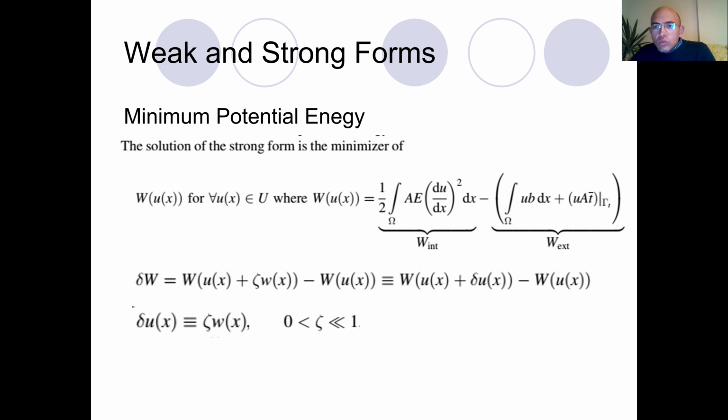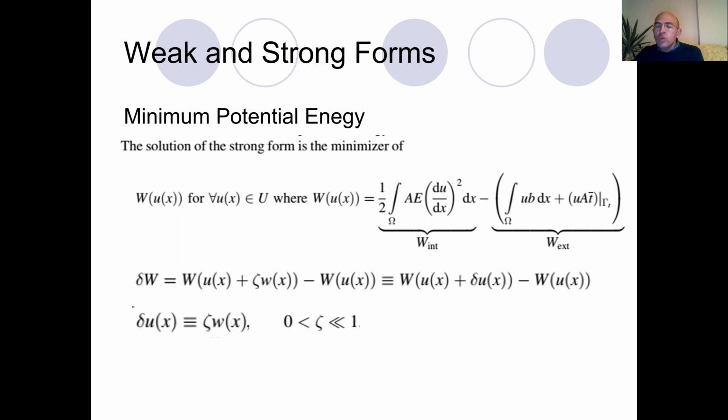So you basically want to minimize the potential energy of the object that you are interested in. So in the case of a one-dimensional stress problem, it is the strain energy. So what is strain energy? Strain energy is the energy under the stress strain curve.